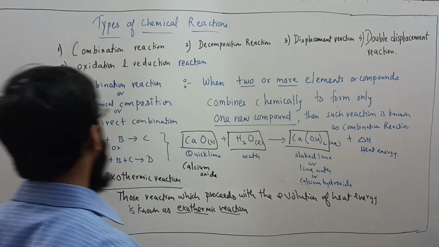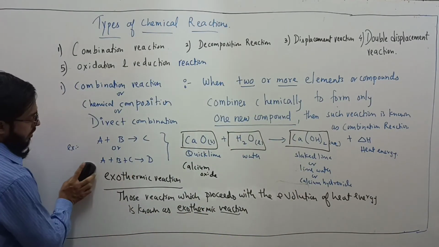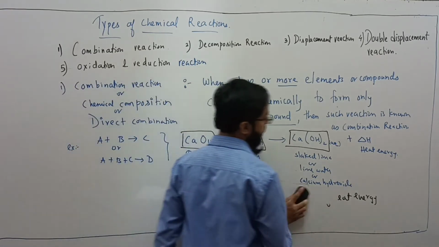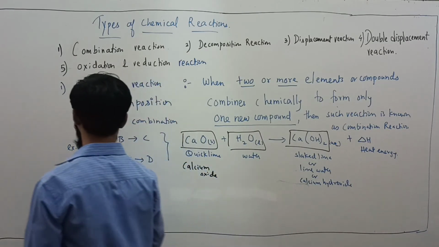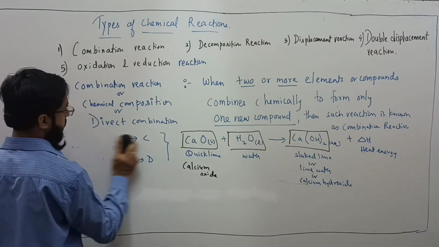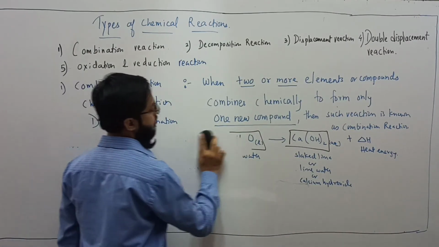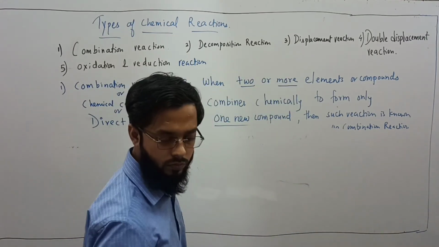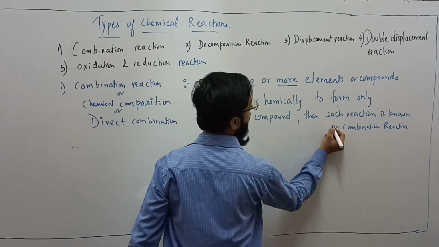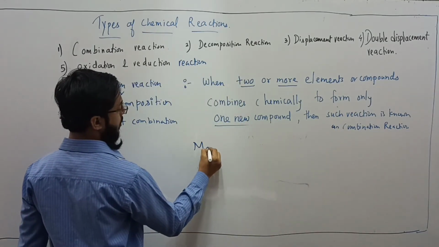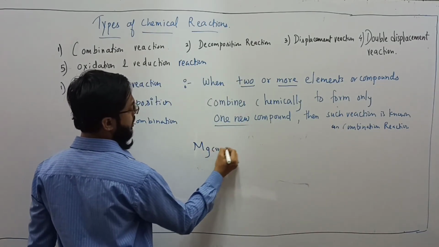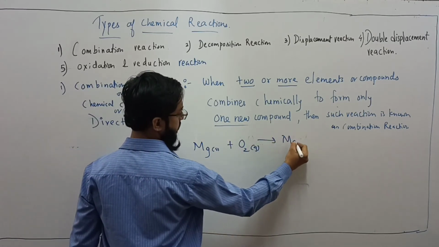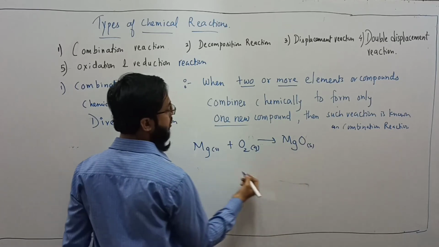Various examples of combination reactions. Let me give another example of combination reaction. For example, magnesium ribbon burns in air and forms magnesium oxide.